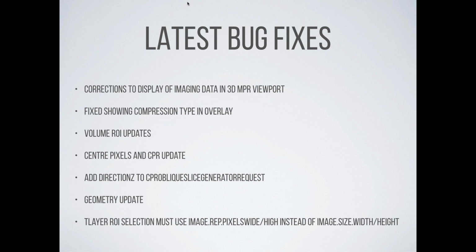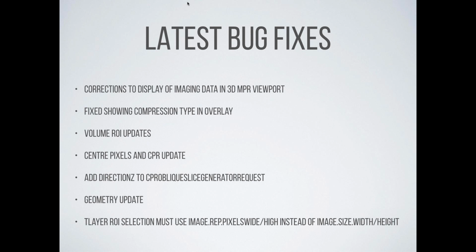We've added direction Z to one of the functions there in Osirix Horos. I think that was Joel's work, to enhance some future plugins, along with a geometry update and T-layer ROI selection using image.rep.pixelsWide/High instead of image size width/height.